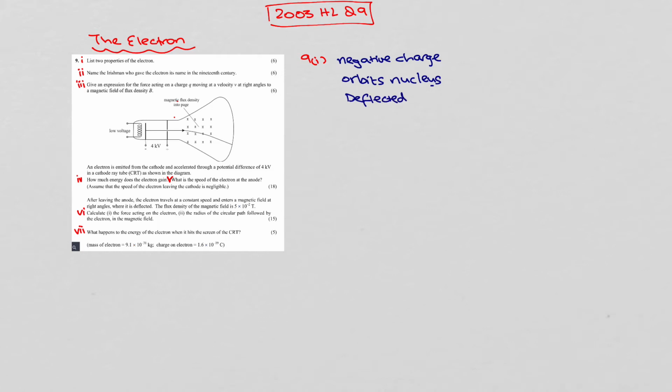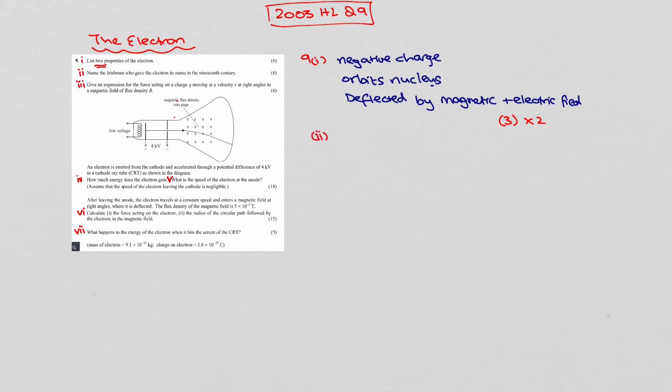So by Fleming's left-hand rule. And we could go to our tables and we could even write down its mass. But we're only asked for 2 properties here. So therefore we were getting 3 marks and there was 2 properties. So it was 3 marks times 2. So in other words, 6 marks in total for part 1 there.